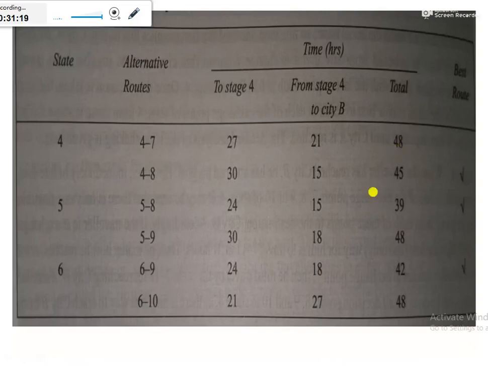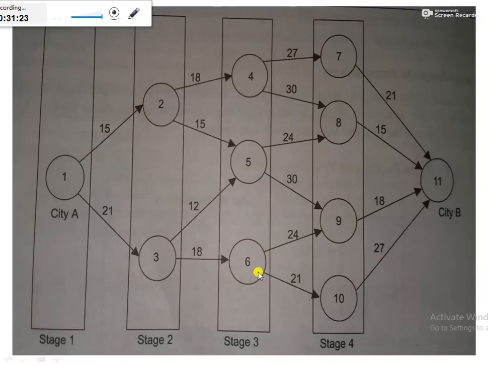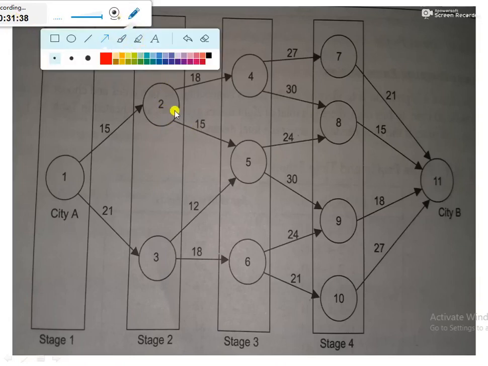With this information, now we would solve stage 2 of the diagram, that is this one. At stage 2, the traveler has two states, state 2 and state 3. At state 2, there are two options. He may go through this route 2 to 4, or he may go through this route, that is 2 to 5.